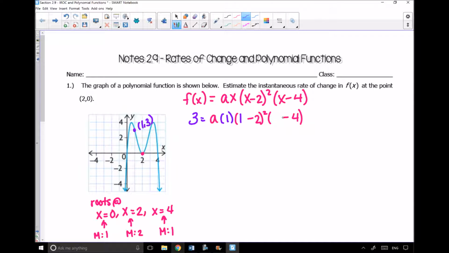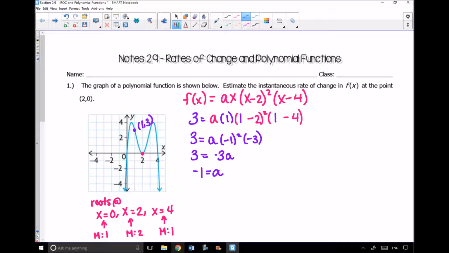So you get 3 equals a times negative 1 squared times negative 3. So I get 3 equals negative 3a, which means that a is equal to negative 1.